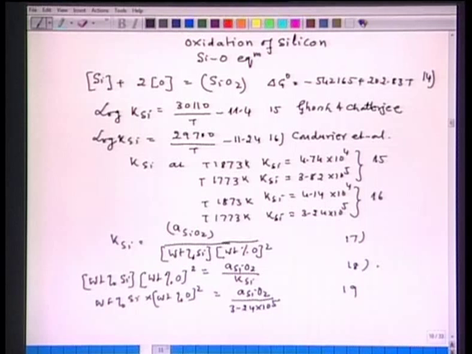So, we write weight percent oxygen equal to 0.308 into 10 to the power minus 5 upon weight percent silicon raised to the power 1 by 2.